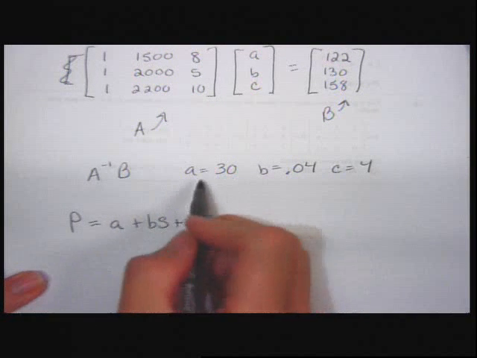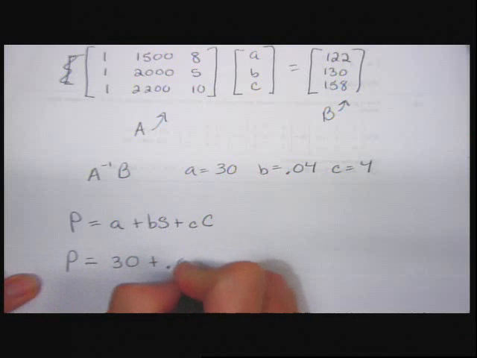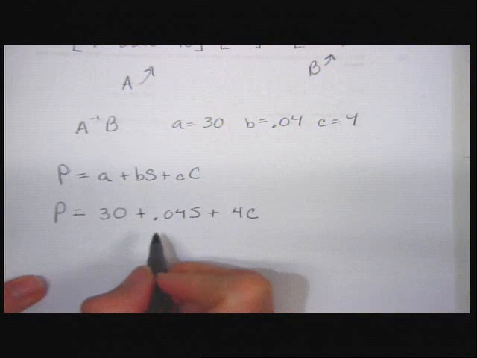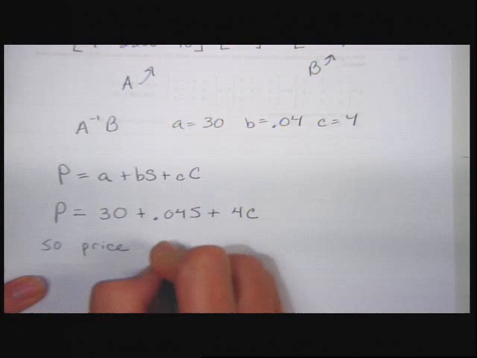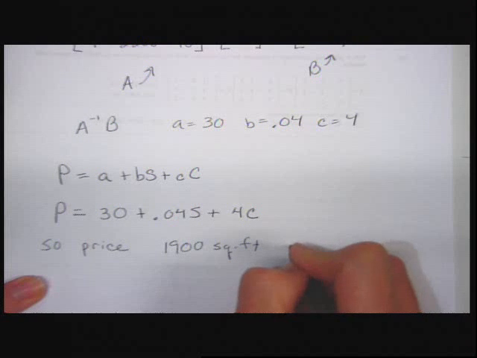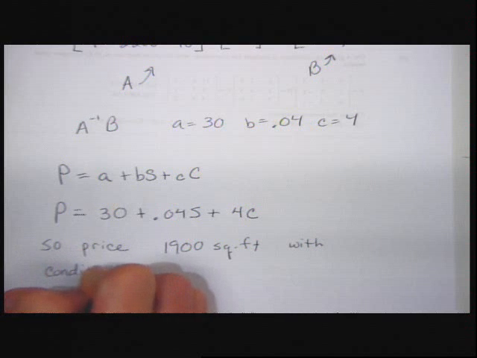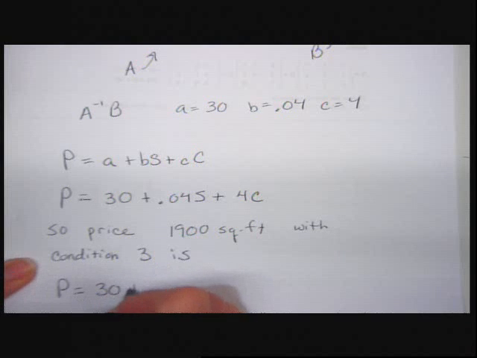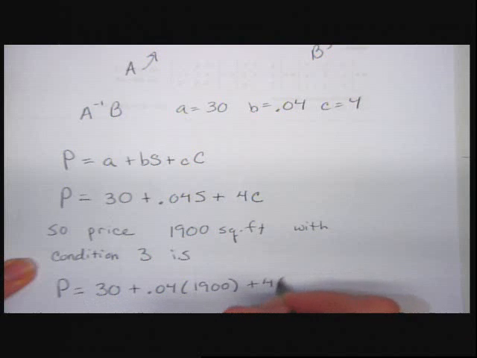We know what A, B, and C are, so the price is equal to 30 plus 0.04S plus 4C. And they told us the square foot, so the price for a 1,900 square foot home with condition 3 is going to be 30 plus 0.04 times 1,900 plus 4 times 3.